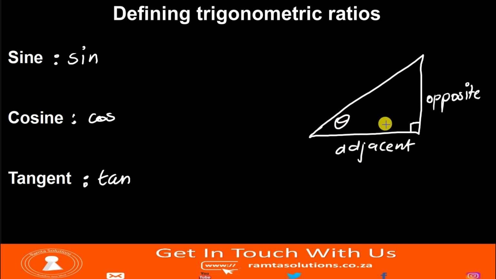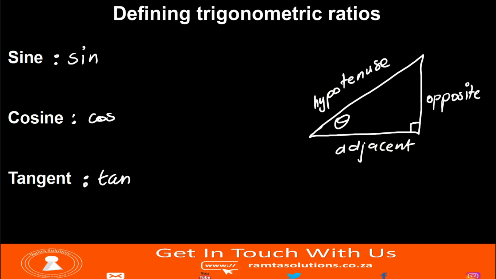The side that the angle is lying on is called the adjacent side. And of course, the side that is opposite the right angle is the hypotenuse.